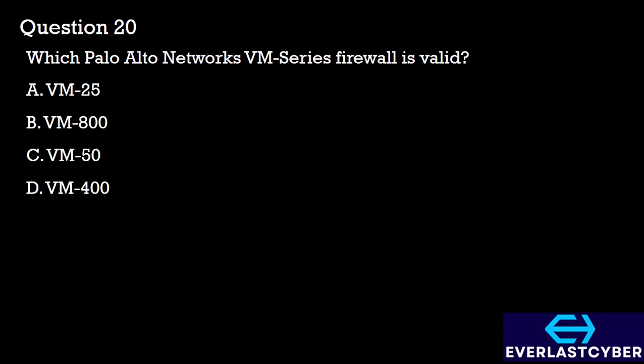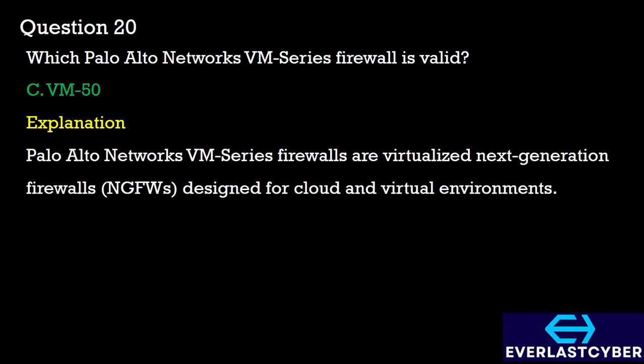Question 20. Which Palo Alto Networks VM-Series firewall is valid? A. VM25. B. VM800. C. VM50. D. VM400. We'll be going with option C. The Palo Alto Networks VM-Series firewalls are virtualized next-generation firewalls designed for cloud and virtual environments.